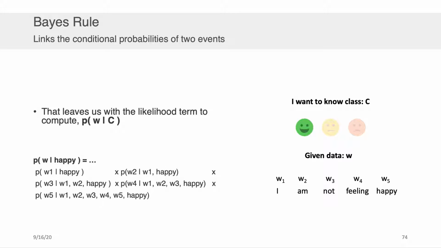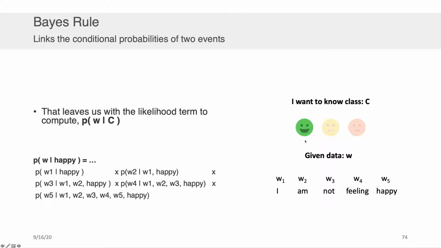If I want to know the probability of W given the word happy, I have to first figure out what's the probability of W1, this term here, given that I'm happy. And then I have to figure out, given both that I'm happy and that my first word was W1, what's the probability of W2 coming next?